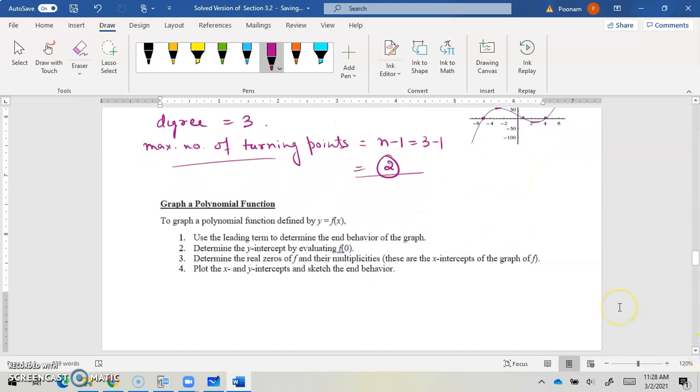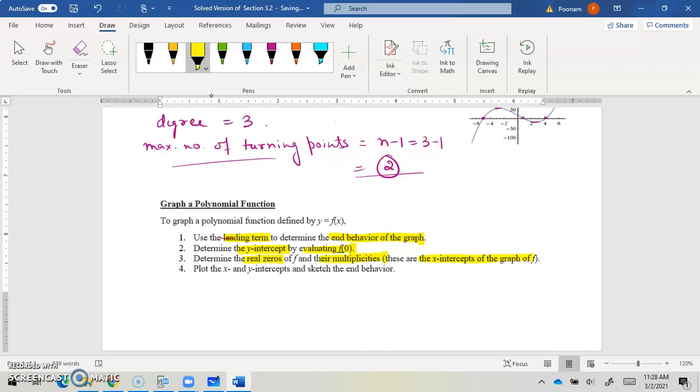Now we learned all that. Let's learn how to graph a polynomial function using all this information. To graph a polynomial function, these are the basic steps. First, I use the leading term to find the end behavior of the graph. Then I find the y-intercept by evaluating f(0). Find all the real zeros and their multiplicities, how many times they repeat.